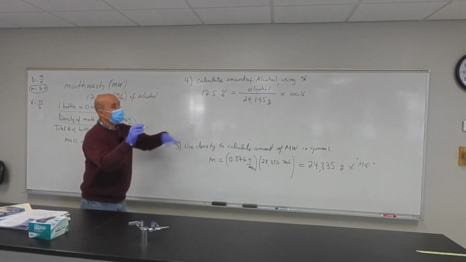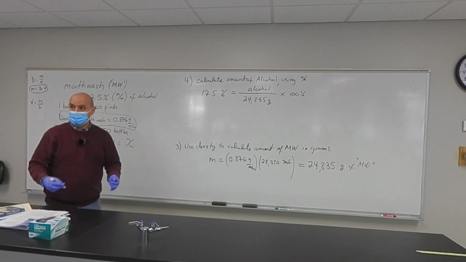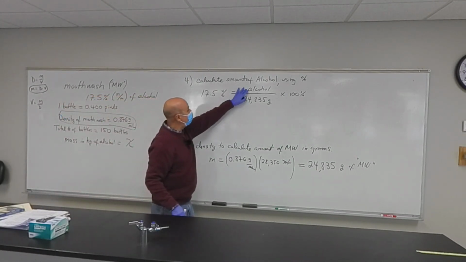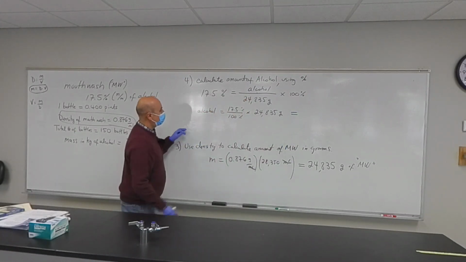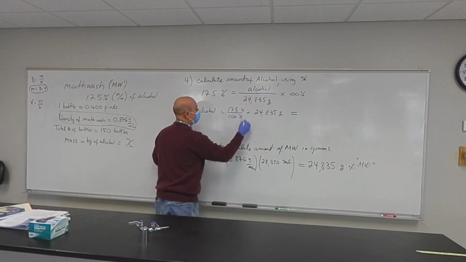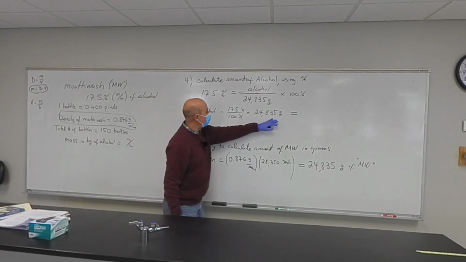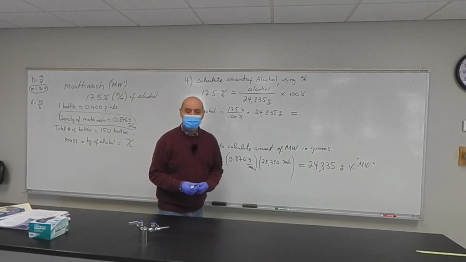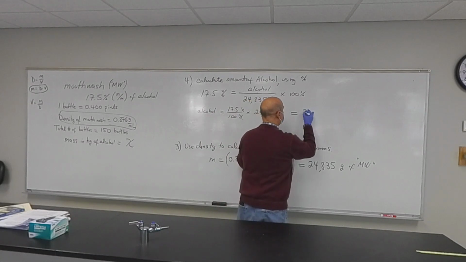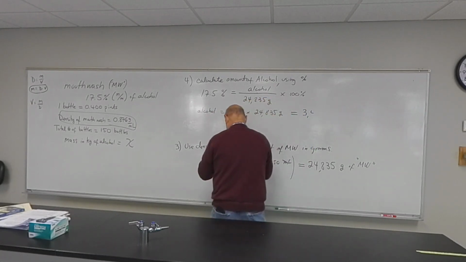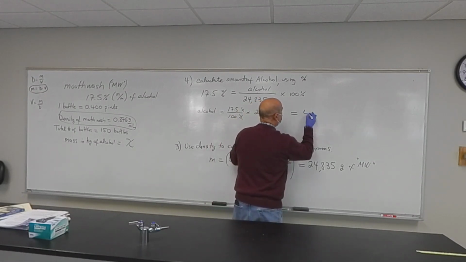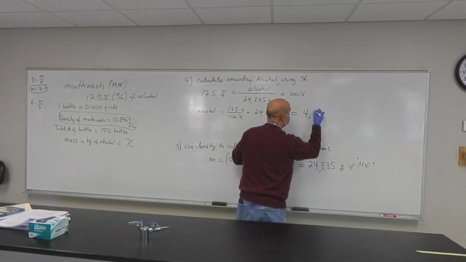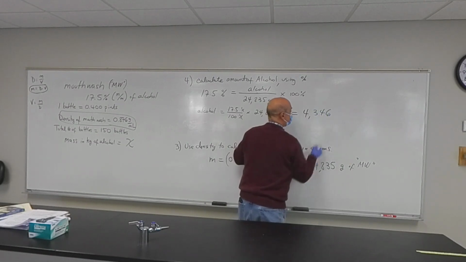So now I just have to rearrange this equation, solve it so that alcohol is by itself. So percent cancels each other out. We're going to be left with grams of alcohol. 4,346.